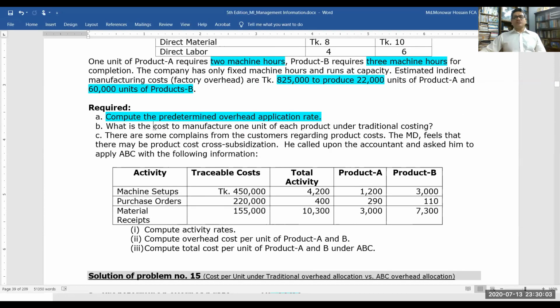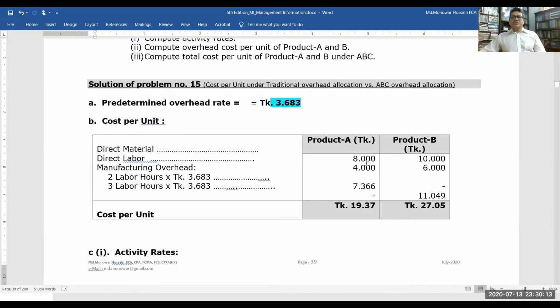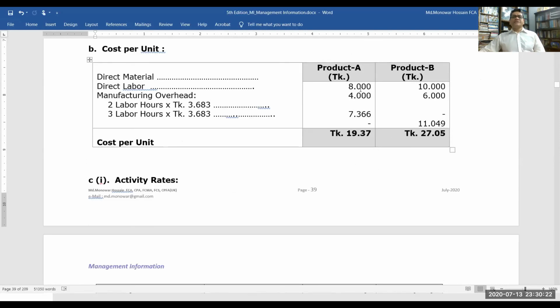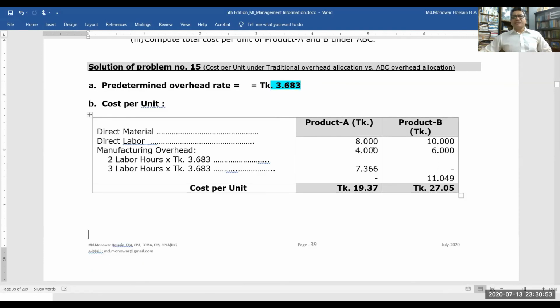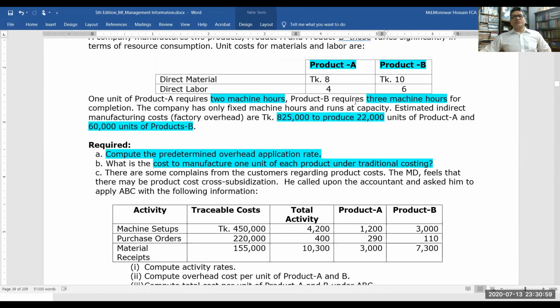What would be the cost of manufacturing 1 unit of each product on the traditional costing? Direct material as per the question is 8 for product A and 10 for product B. Direct labor is 4 and 6. Look here, 4 and 6.